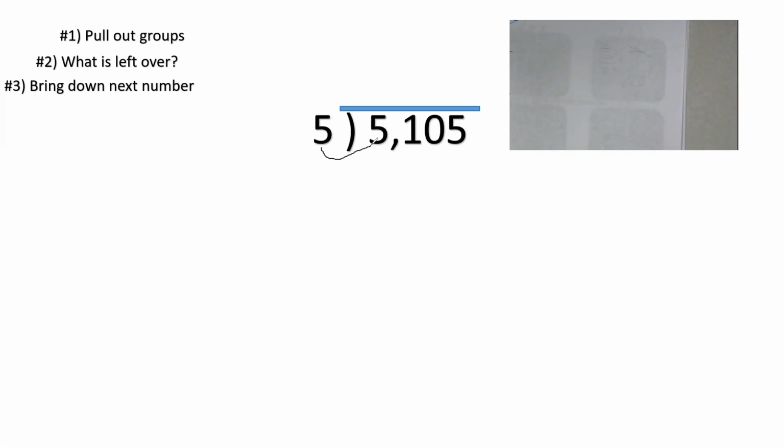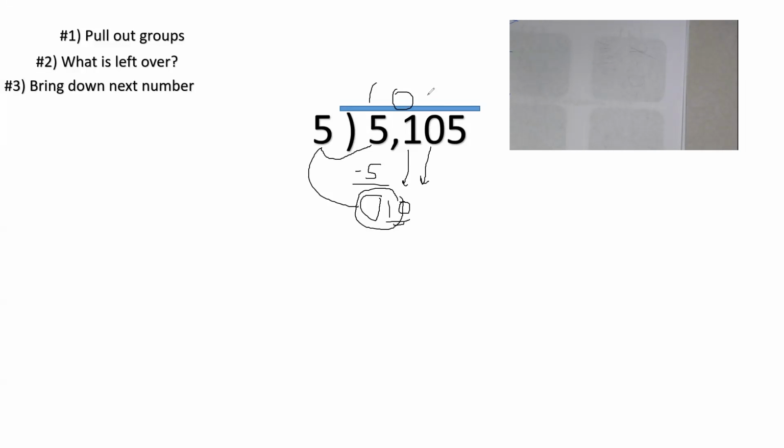How many 5s come out of 5? 1. You say what's left over. Well, none. And then you bring down the next number. And then you start over. How many 5s are in 1? None. What's left over? Well, everything's left over, right? You didn't take anything from it. So then you bring down the next number to go with it.